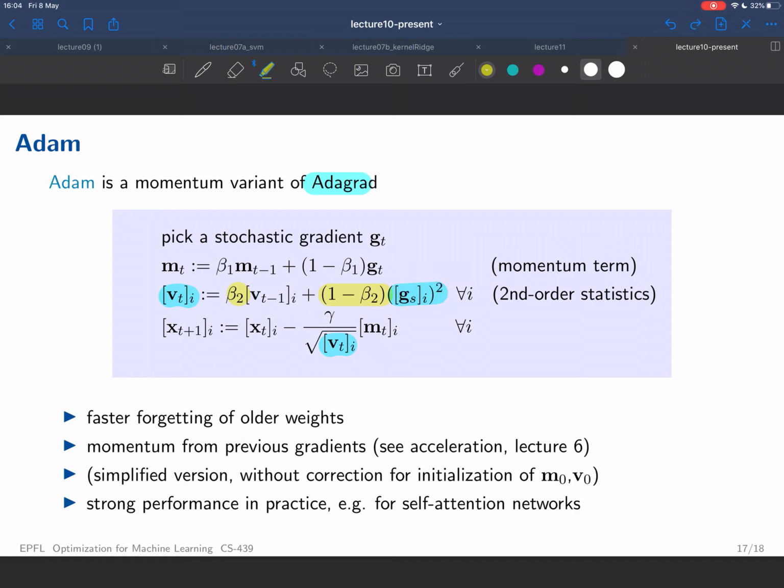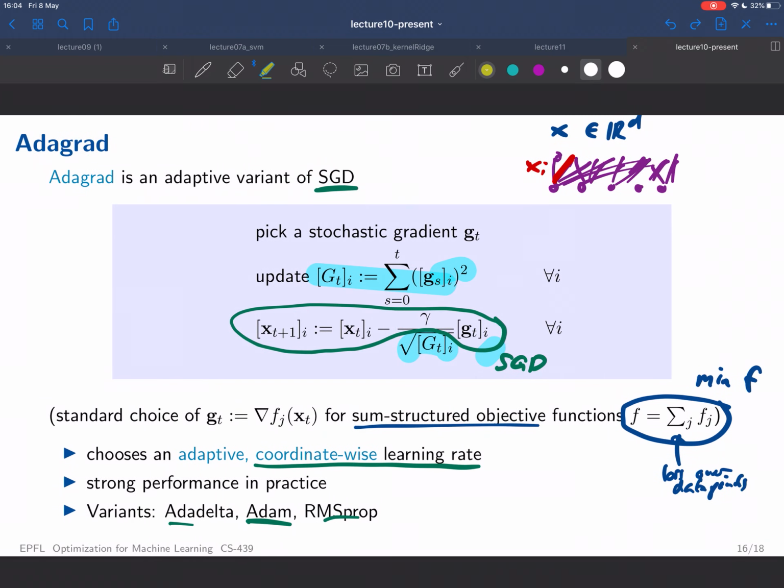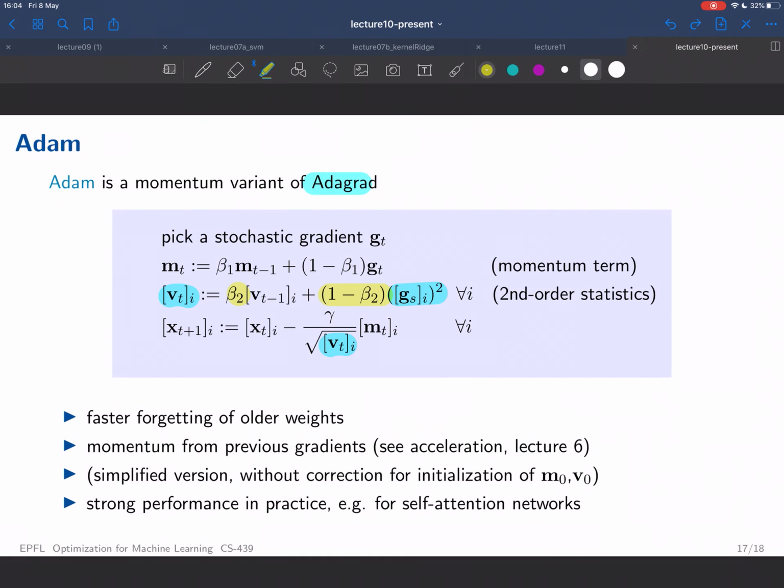So at every time, V stores these statistics from the past, and at every time you forget the old V with this beta 2, and you add the new one. That's why this is an exponential decay, whereas here we just had the sum with everybody weighted equally. But here you give more weight to the most recent ones, and the old ones will get multiplied by beta 2, so they will decay quickly.